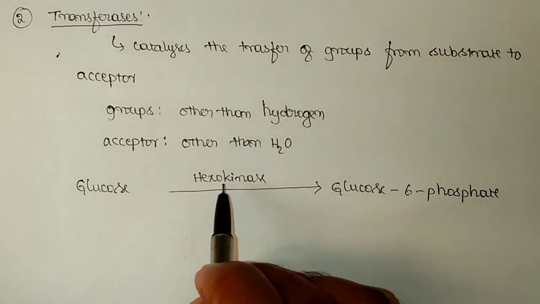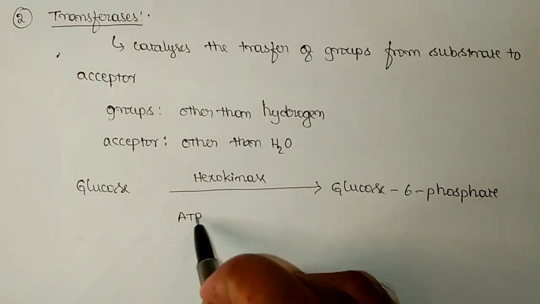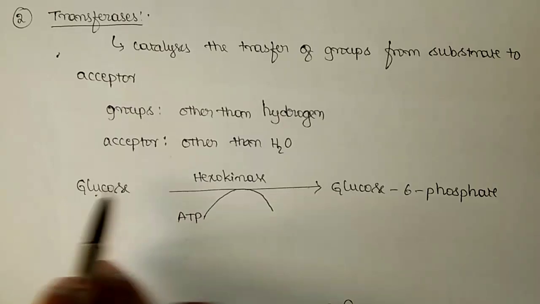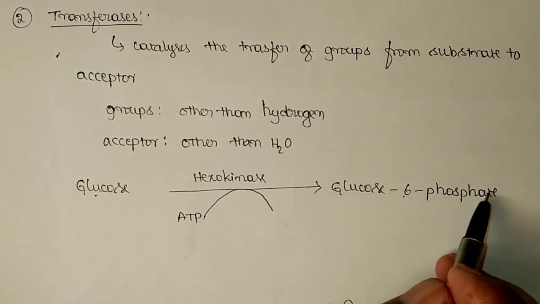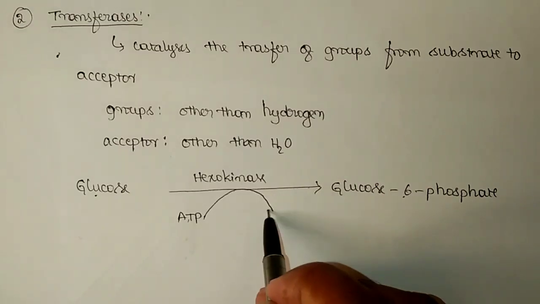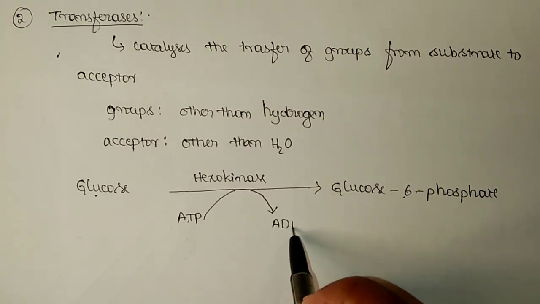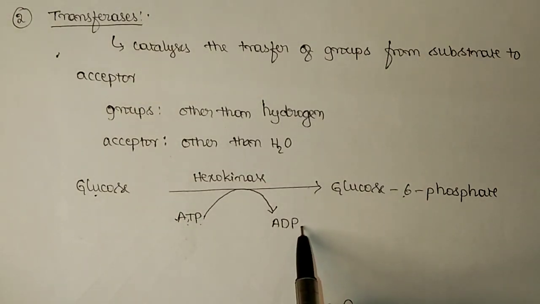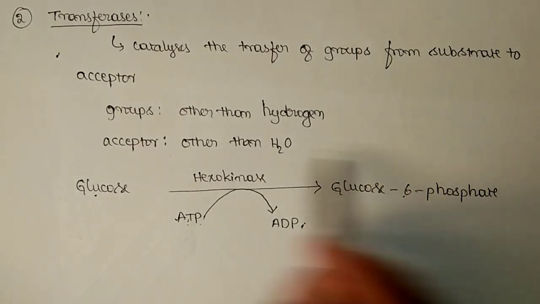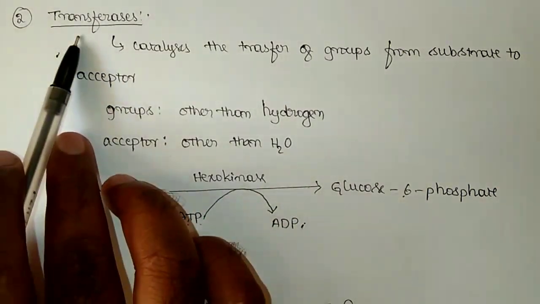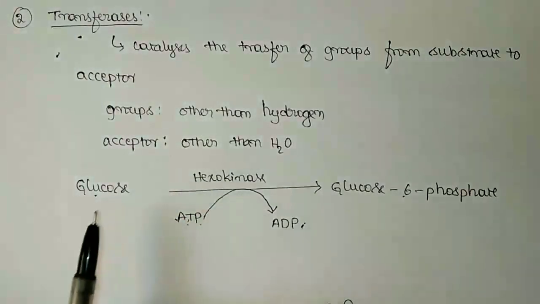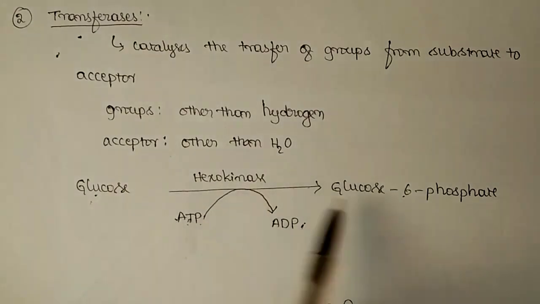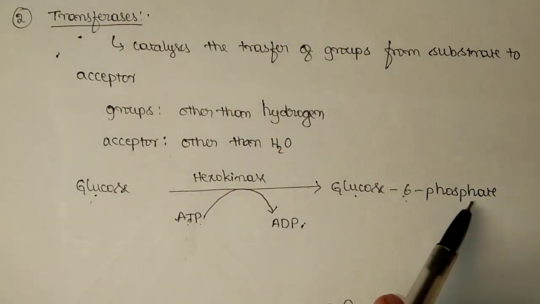In the presence of the enzyme hexokinase, ATP takes part in the reaction and transfers one phosphate group to glucose at the 6th position to produce glucose 6-phosphate, and ATP gets converted into ADP. That means adenosine triphosphate converts into adenosine diphosphate. This is one simple example of a transferase. Here ATP is transferring one unit of phosphate to glucose to produce glucose 6-phosphate.